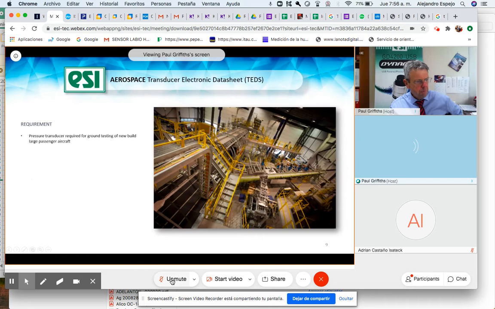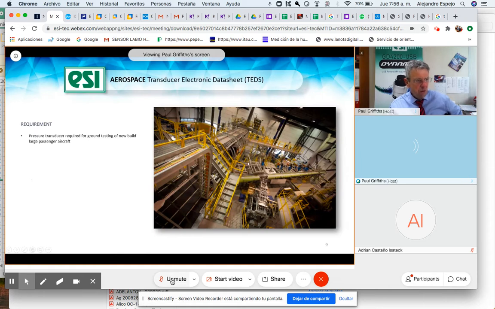So this was a big aerospace manufacturer, and what they do, they make the structure of the aircraft, build the aircraft, add the hydraulic and pneumatic systems, and then they test the functionality of all of those systems, whether it's pneumatic, hydraulic, flight control, landing gear.